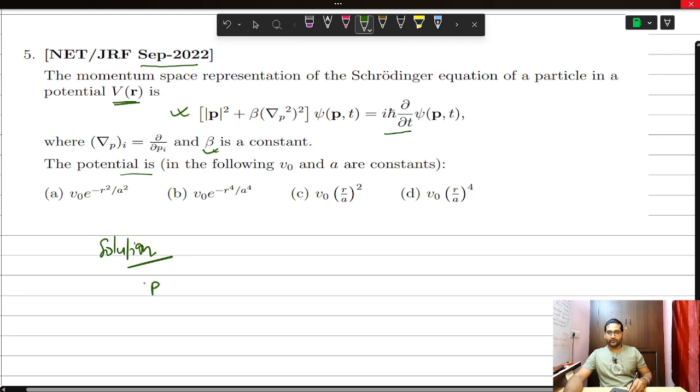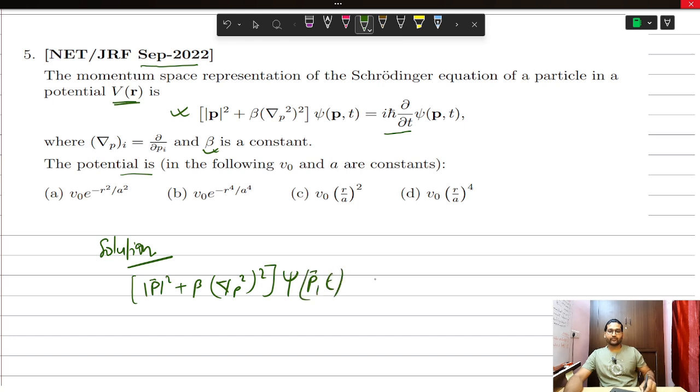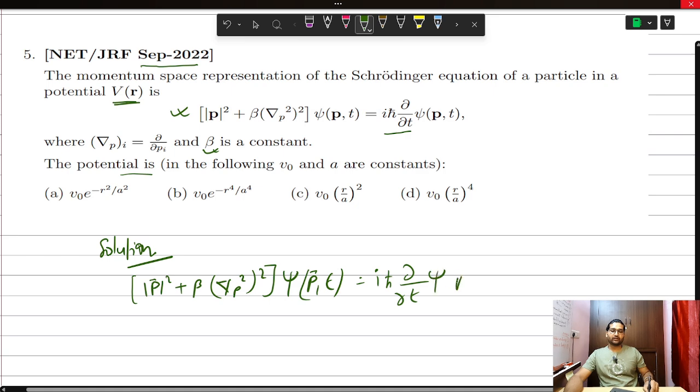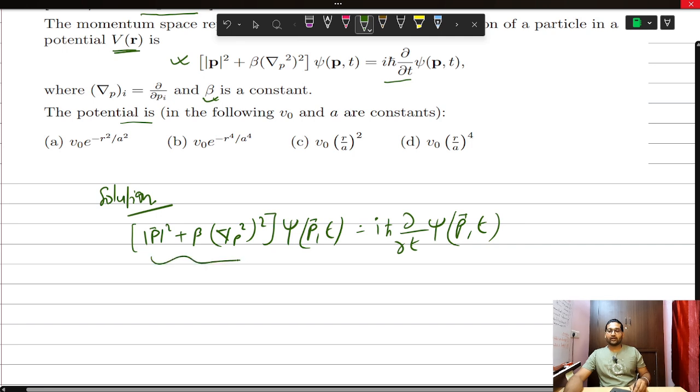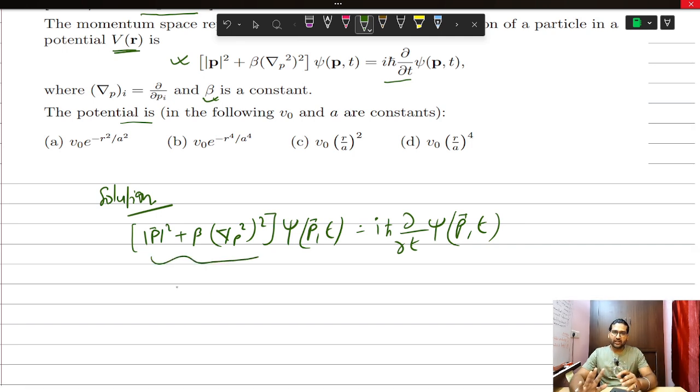So what we have is (p mod squared plus beta (del upon del p) squared) psi(p,t) is equal to i h cut del upon del t psi(p,t). Now let's compare this Hamiltonian and break it into the potential energy and kinetic energy parts.